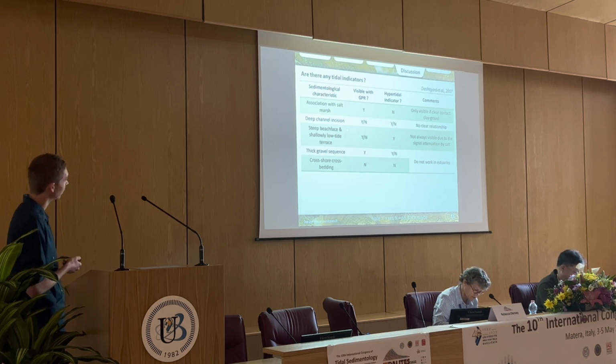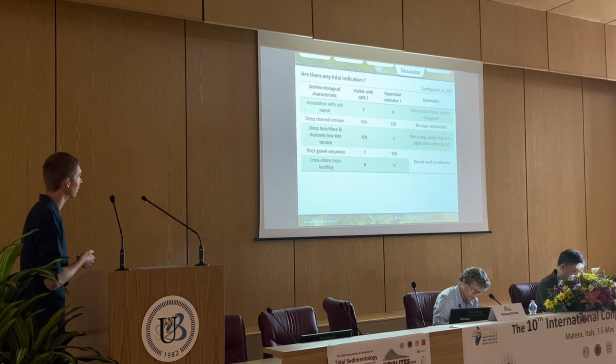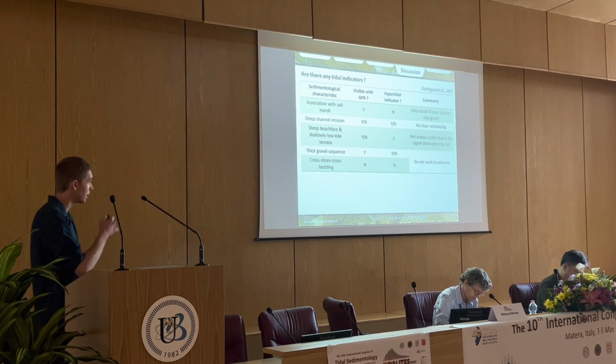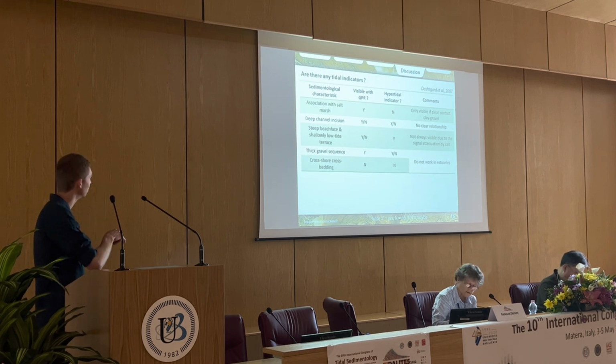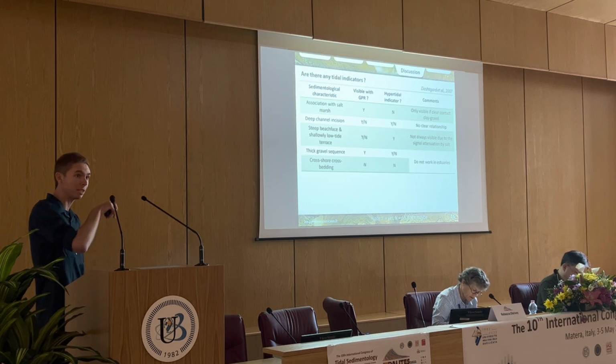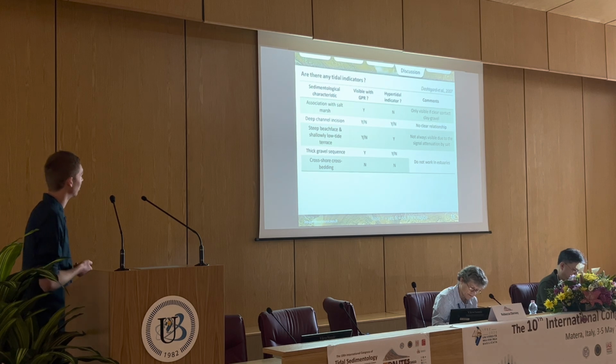For example, in some cases it's common to see the steep beach face, with this steep reflection, but it's quite complicated to see the whole beach profile with a steep beach face and a shallow low tide terrace, which is typical for macrotidal environments.